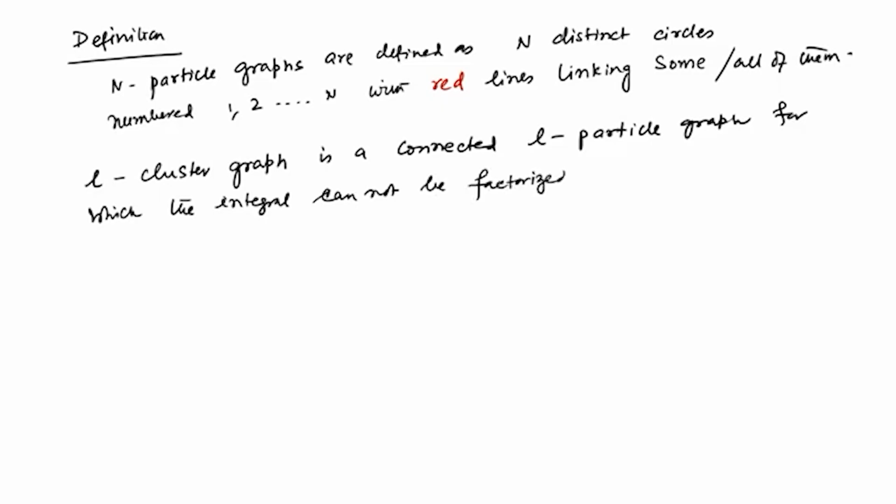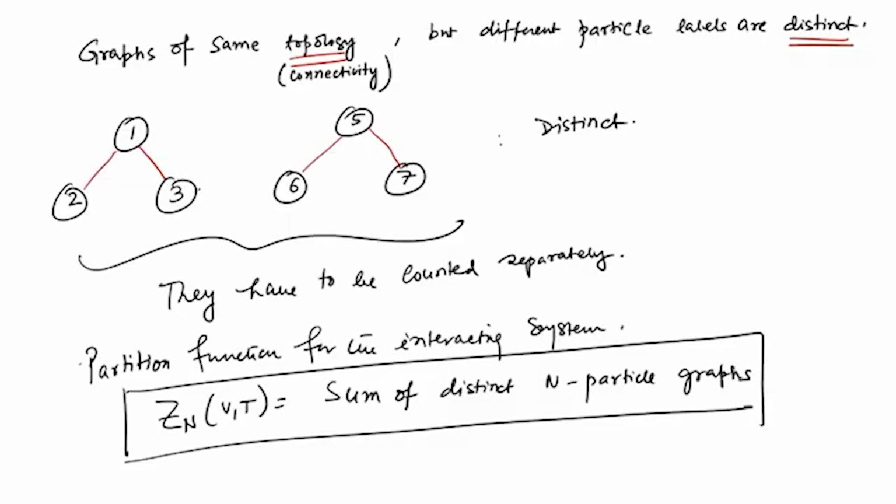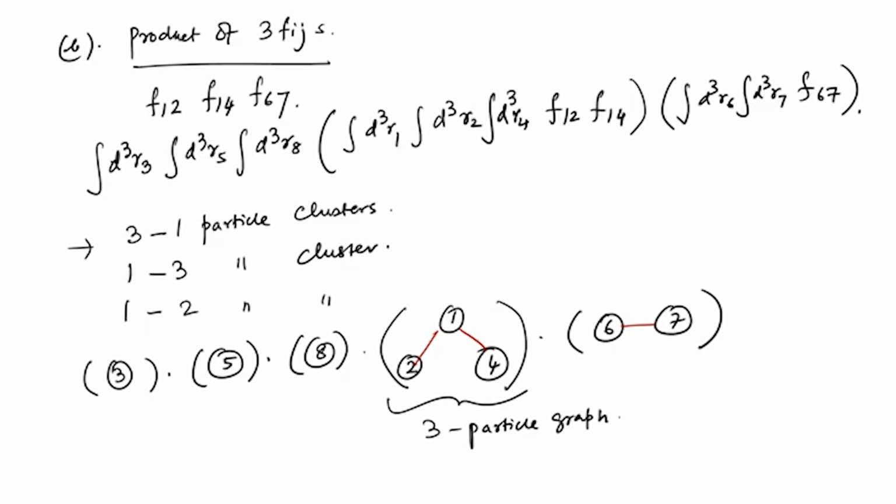That is clear, because if you consider an L particle graph, then there is no way that the integral can be factorized. You see here there is a connection of 3 cluster, and then this cannot be factorized any further.